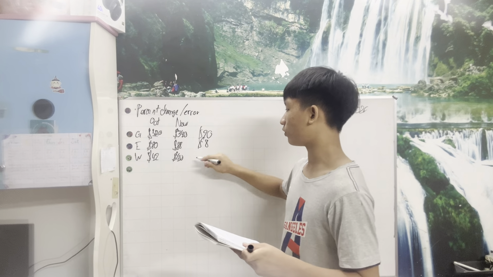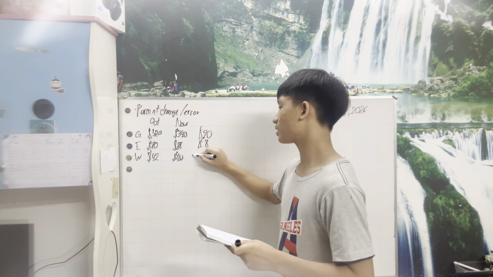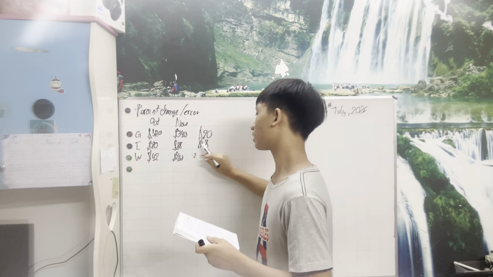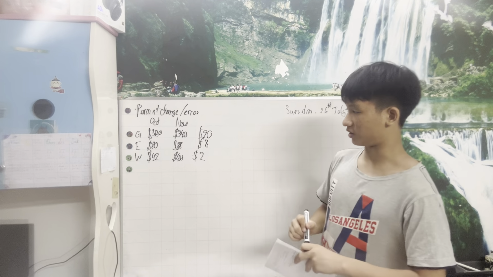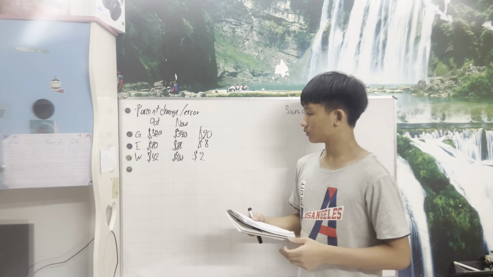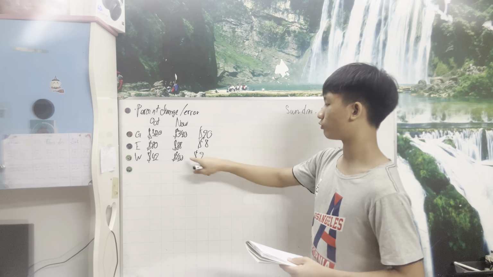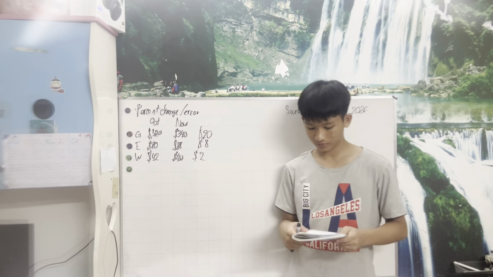And 42 minus 40, it's negative too, but when we do it, it's still positive. First we subtract, later we make it positive. You can remove the negative because you don't need it.